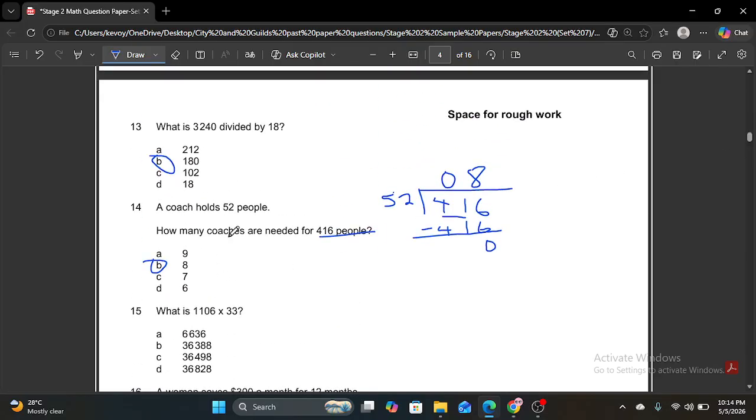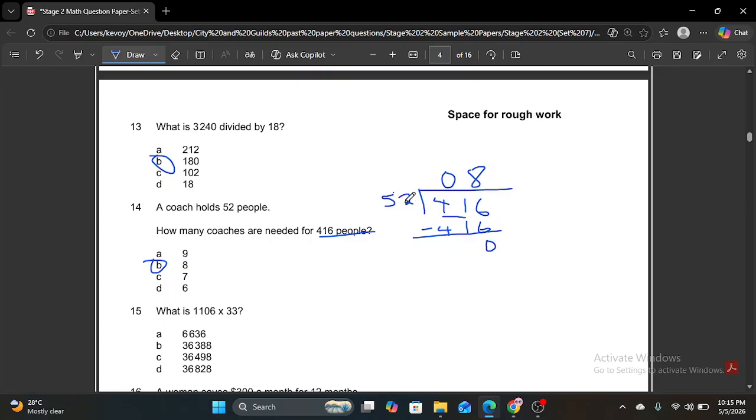And by the way, whenever we're dividing and you don't know how many times 52 can divide into 416, you don't have to draw 416 circles.